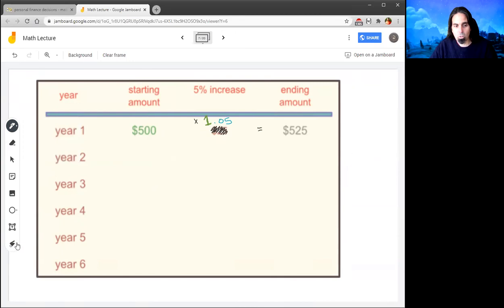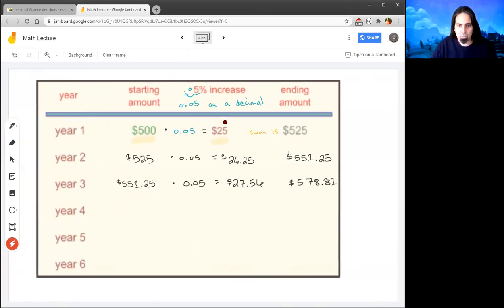Do you remember that 1 plus trick from a previous lesson? I don't remember very well. So what's happening here is we had an addition step. We had to take the 25 and add it to the 500. We didn't care only about the increase. We wanted to know the combination.